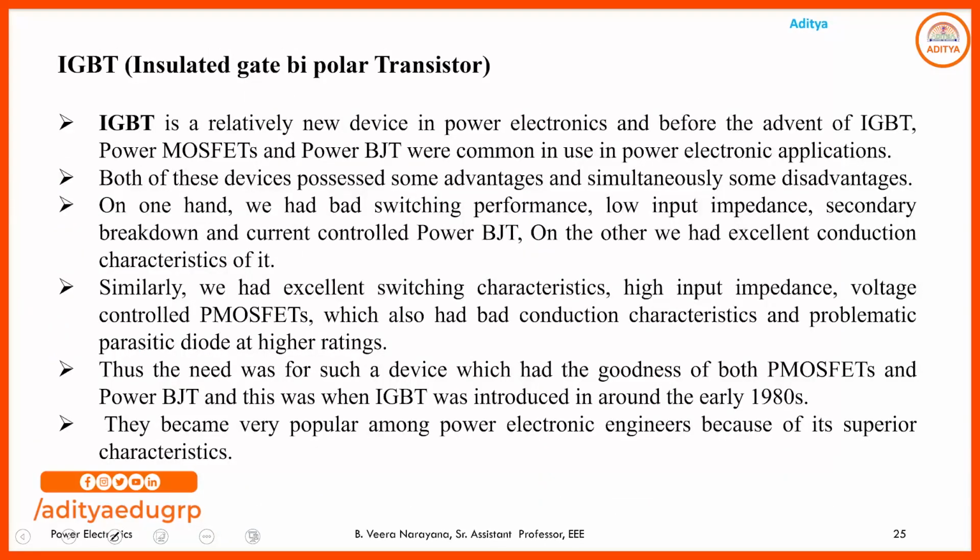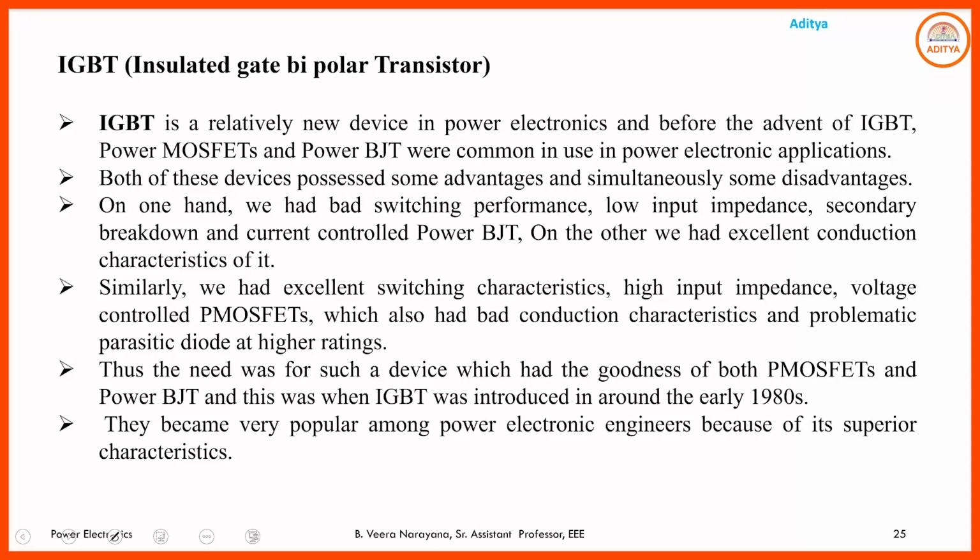The third classification of the transistors is IGBT, the insulated gate bipolar transistor. If you go through the BJT and the MOSFET, we have some advantages in the BJT and some good qualities in the MOSFET. The BJT has low conduction losses and the MOSFET has low switching losses.